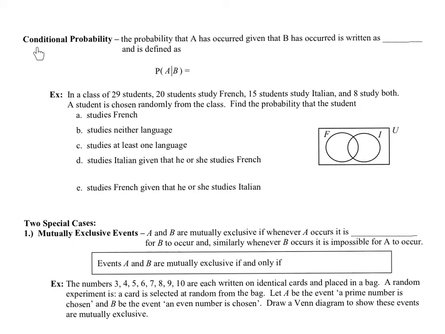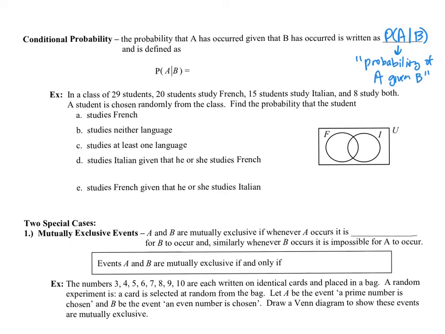Now we're going to talk about conditional probability. What is conditional probability? It is the probability that A has occurred given that B has already occurred, and we write it like this: the probability of A, then a vertical bar, and then B. We read this as the probability of A given that B has already occurred.